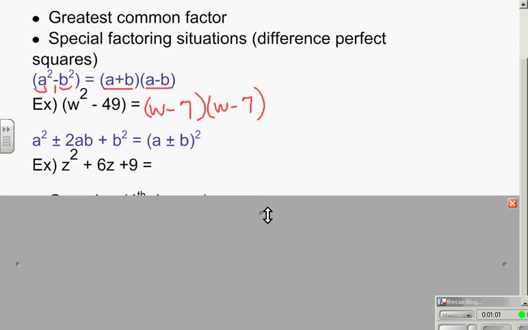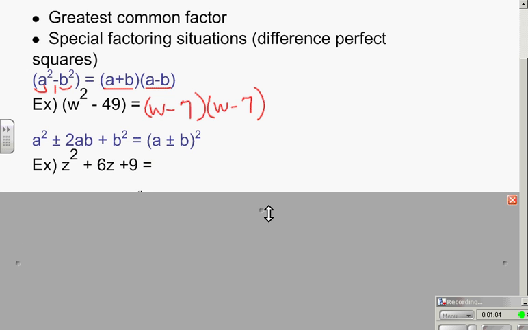Another pattern that's useful but not necessary to recognize for factoring is a squared plus or minus 2ab plus b squared will always factor into a quantity squared with the plus or minus. So when we look at z squared plus 6z plus 9, it fits our pattern because my a is my z.